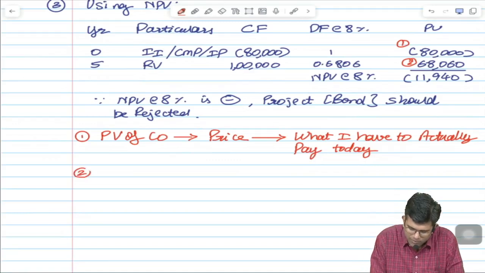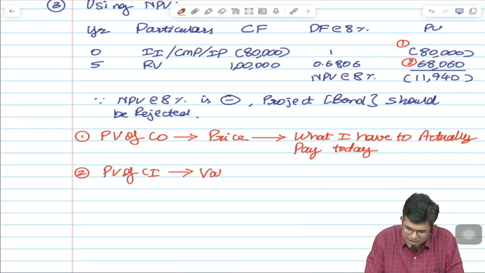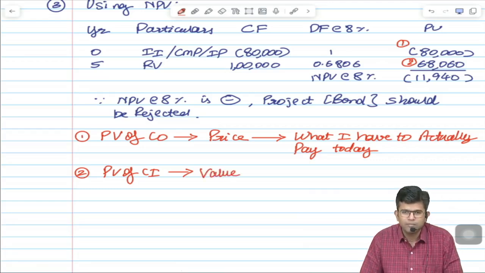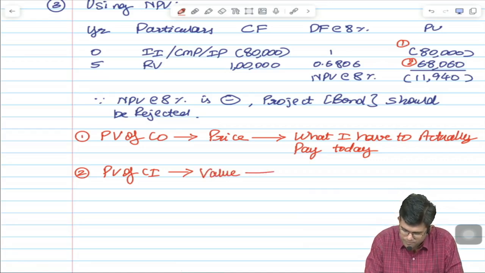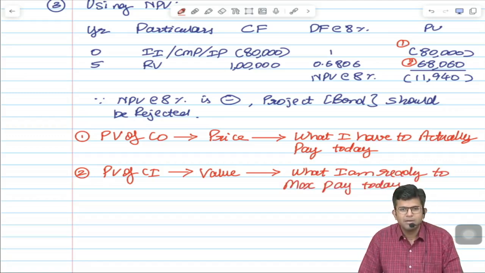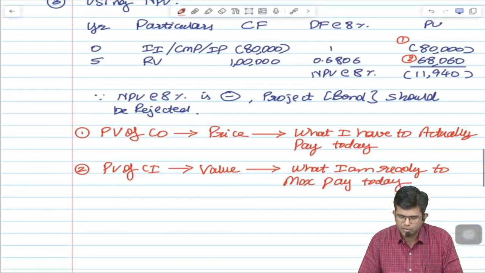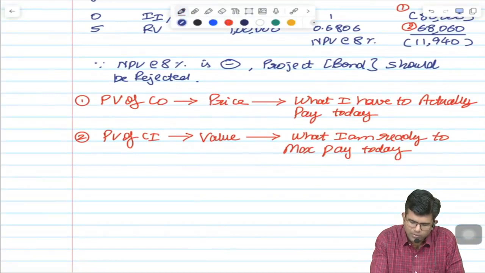Now am I right? Point number 2. PV of CI. Value. What I am ready to max pay today. Is it all making sense? Clear? Okay.